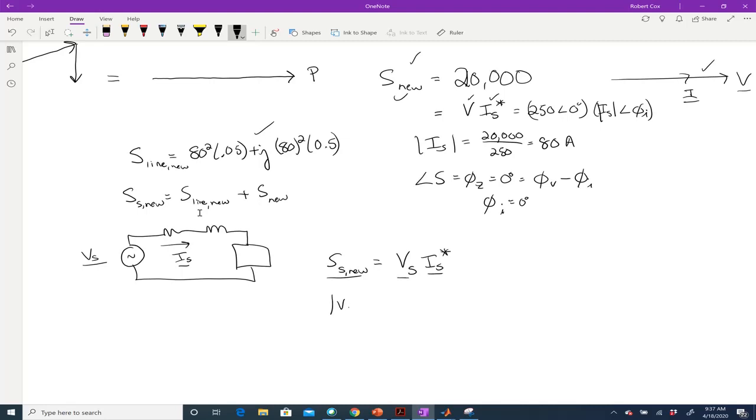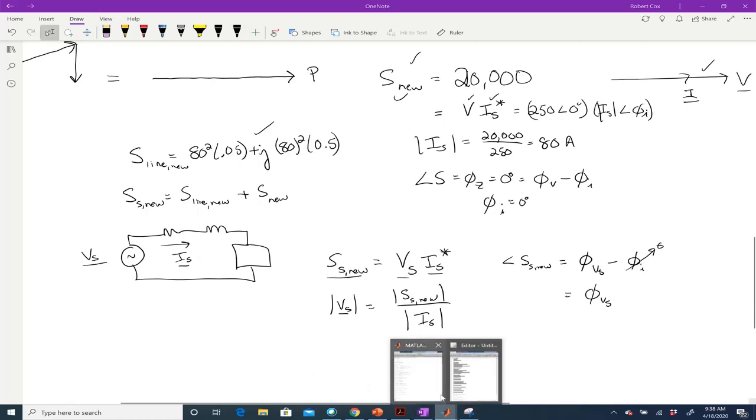So the magnitude of the voltage required is the magnitude of S sub S new divided by the magnitude of I sub S. I'm just looking at my vector relationship. And the angle of S sub S new is equal to the angle of V sub S minus the angle of I. I know the angle of I in this case is 0 degrees, so the angle of the voltage source is the same as the angle of S new.